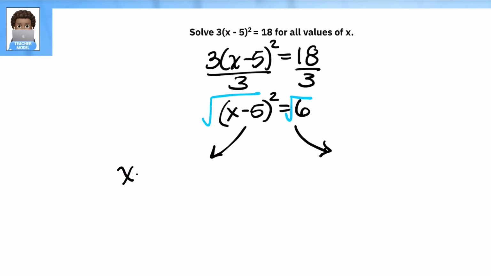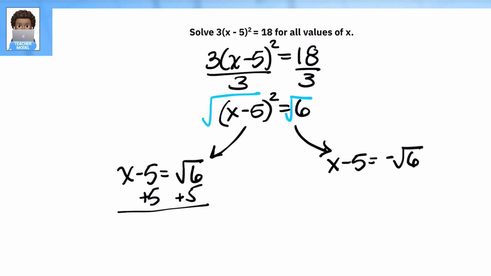But here are my two options. I have x minus 5 is equal to square root 6 as a positive, or x minus 5 is equal to negative square root 6. And now I'm going to solve. We're going to add 5 to both sides, and here I have x is equal to 5 plus square root 6.